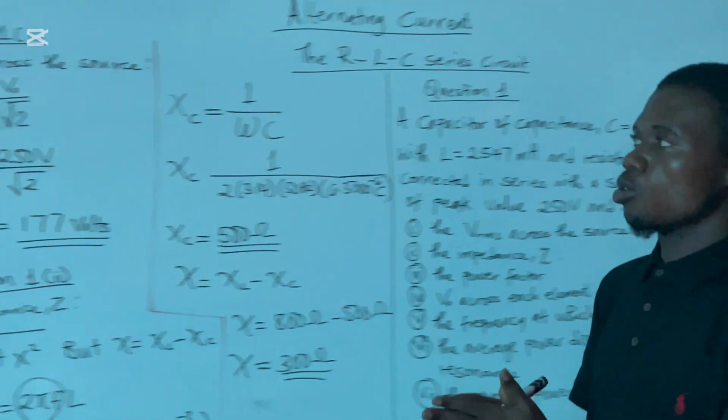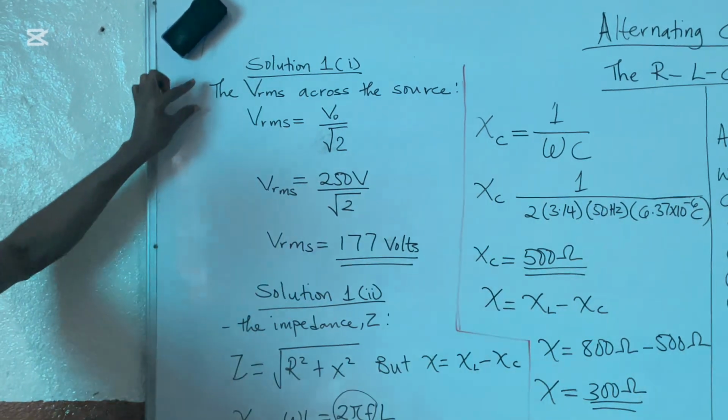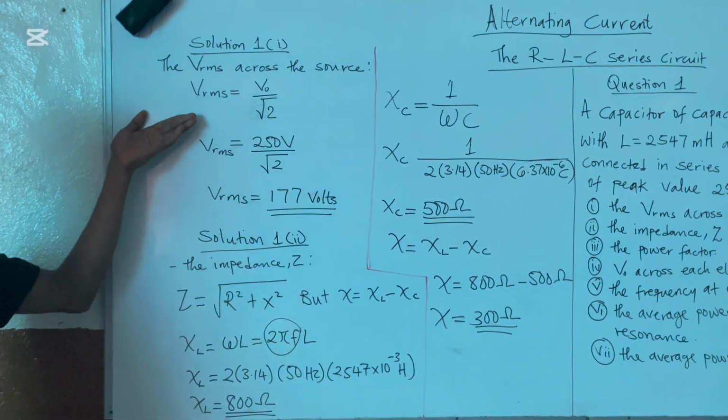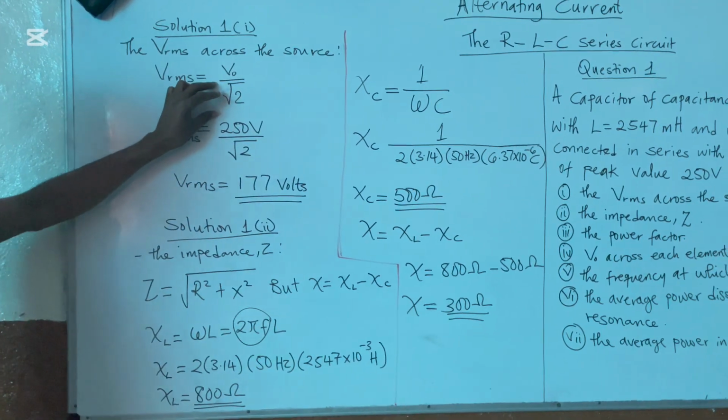Let's look at the first solution. Solution 1: we are finding the root mean square voltage across the source. We use this formula: VRMS equals V peak over the root of 2.